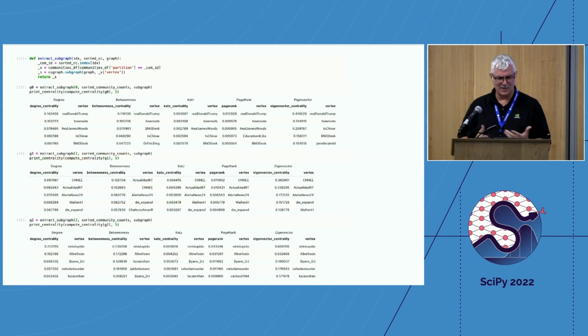Diving into the biggest component, I can now run my centrality scores against these various components to see how they score. And you can see that a lot of the centralities score the same, but you can also see slight differences. I can see the different components, how each one has a different person in there.